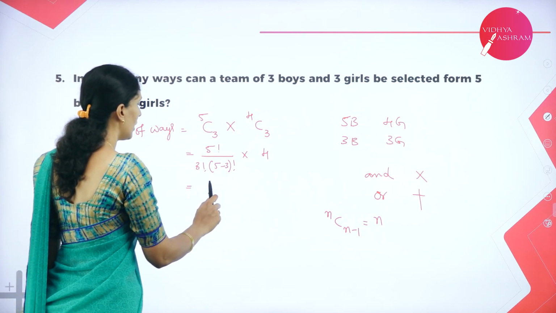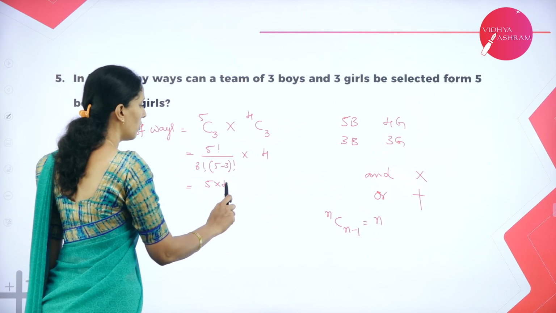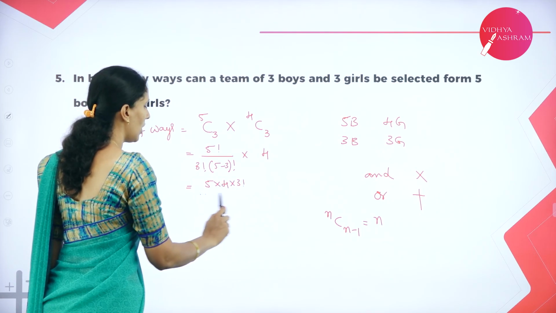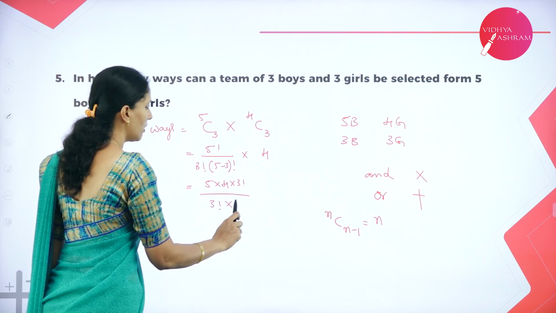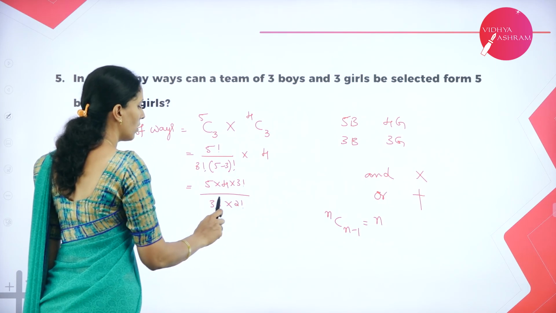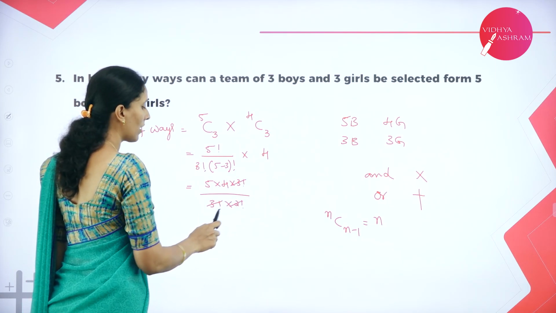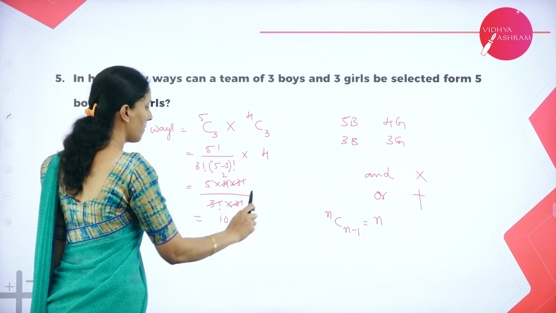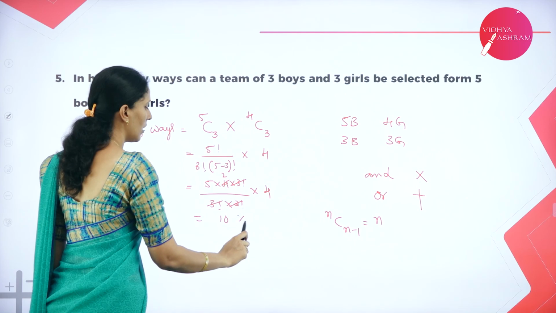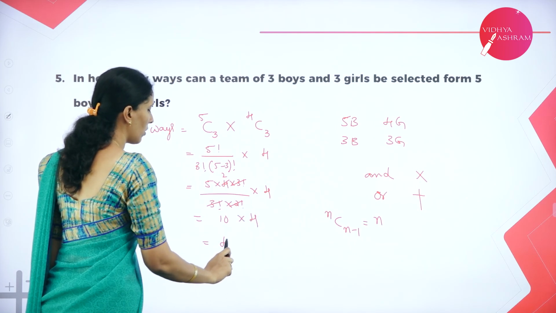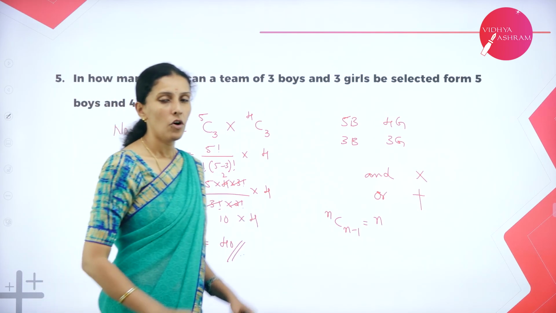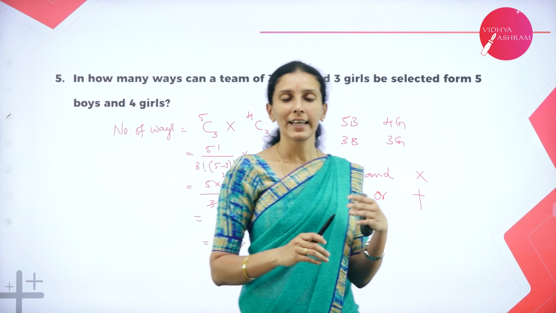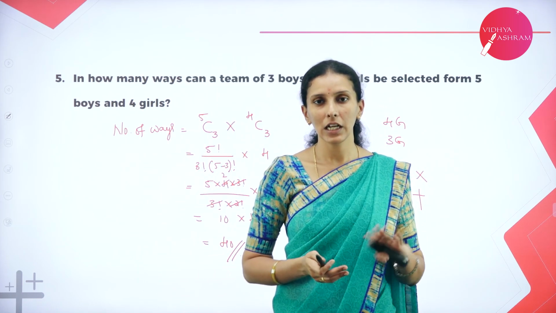Now here it is 5 into 4 into 3 factorial over 3 factorial into 2 factorial. So 3 factorial gets cancelled. 2 factorial is nothing but 2. 2 twos are 4, so 5C3 is 10. So it is 10 into 4, which is 40. So you have 40 ways of choosing any 3 boys and any 3 girls out of 5 boys and 4 girls.